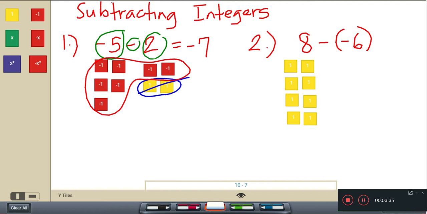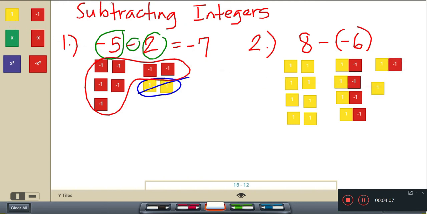None, right? So what we need to do is add 6 zero pairs. I have 1, 2, 3, fourth one, fifth one, and the last one.